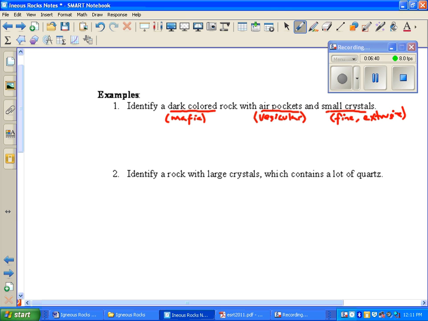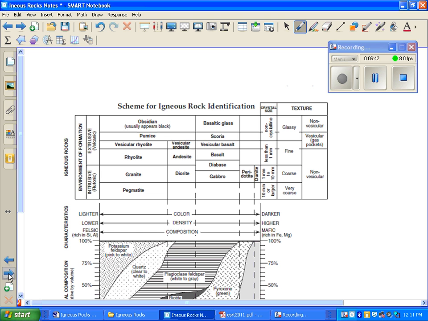Then we look at our reference table, and we said one thing about it is it's extrusive. So extrusive is up here, okay? Now it's fine because it has small crystals. It's not glassy, so we don't want to take that. So now I've narrowed it down to being in this range. It also says it has air pockets. It's vesicular, so I know it's in this range.